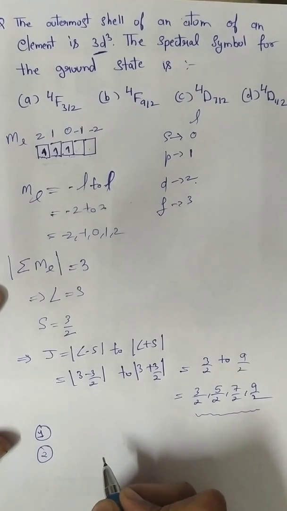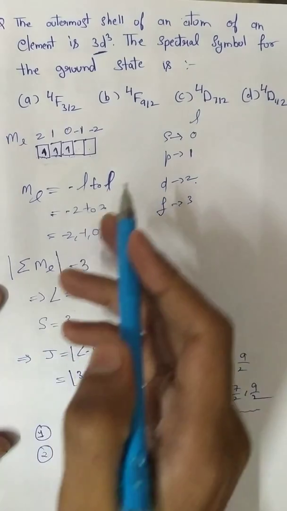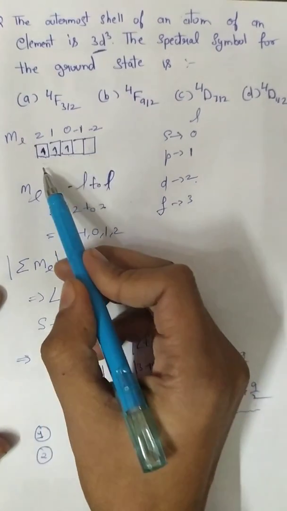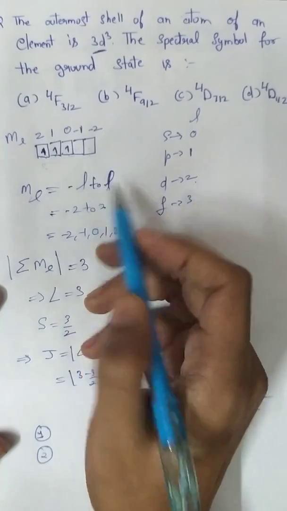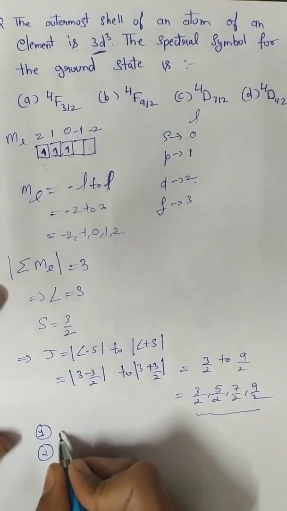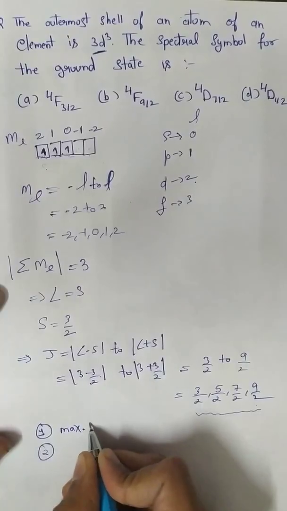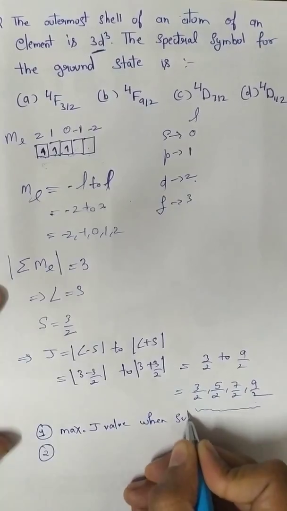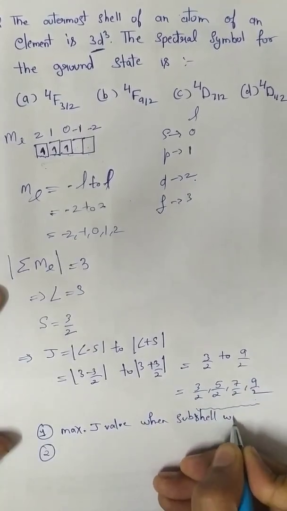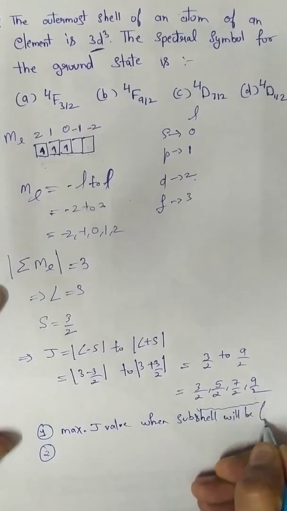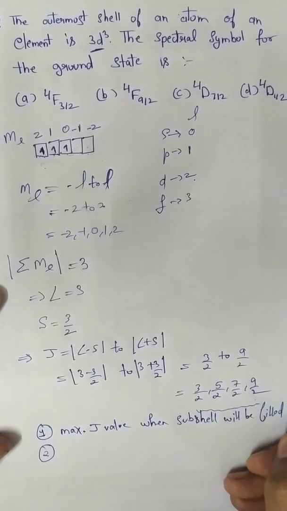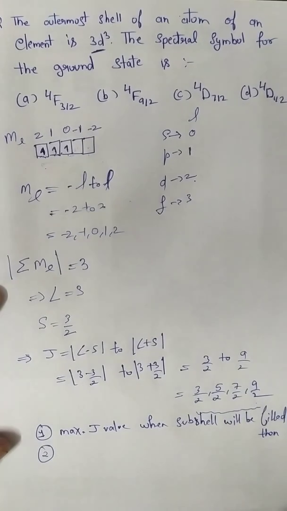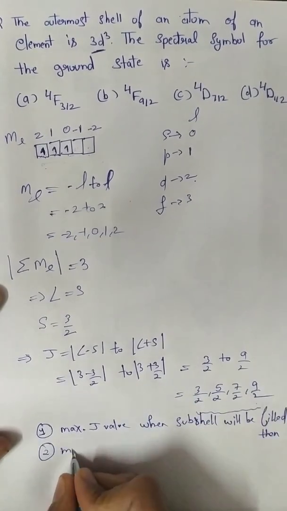Hund's rule says that you need to consider the maximum j value when the subshell is filled more than half. If the subshell is filled less than half, then you need to take the minimum j value.